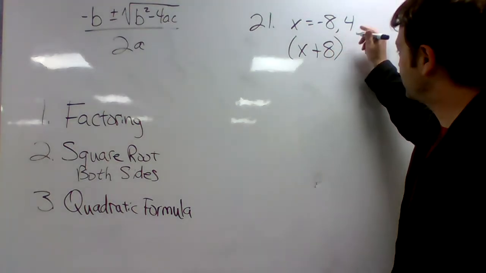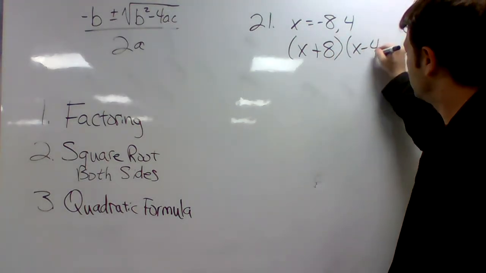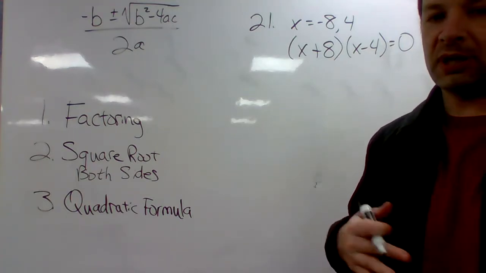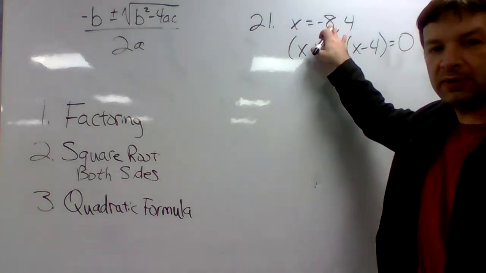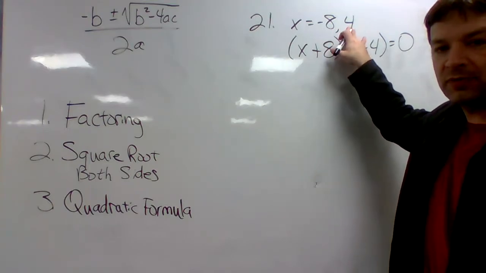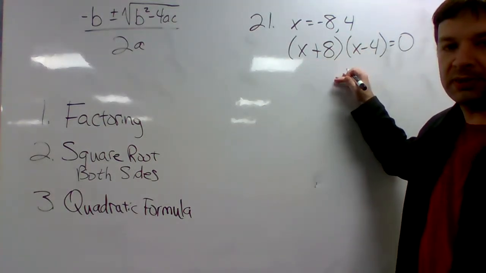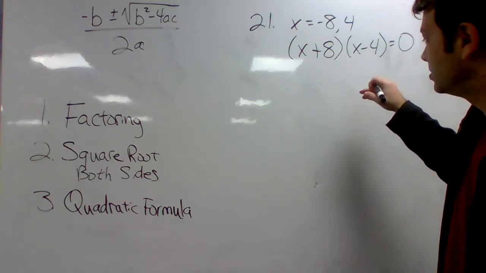If 4 is an answer, x minus 4 is a factor. So I'm just doing the opposite. Negative 8, x plus 8. Positive 4, x minus 4. And then I just FOIL this together, and then that's it. That's my equation.